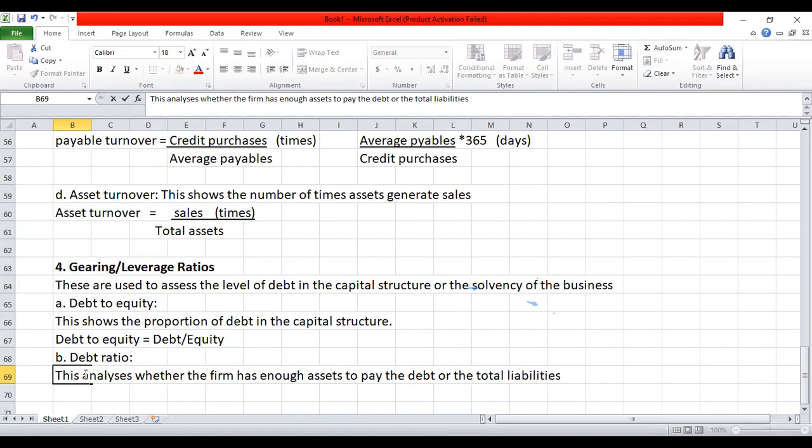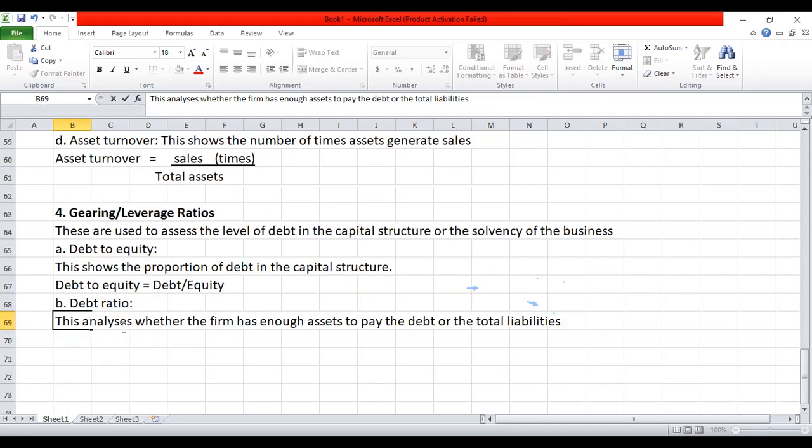So you are looking at your debt and your assets, whether the business has got enough assets to pay those liabilities. This is also the one that checks whether the business is leveraged or not leveraged, based on the percentage of debt to the total assets.